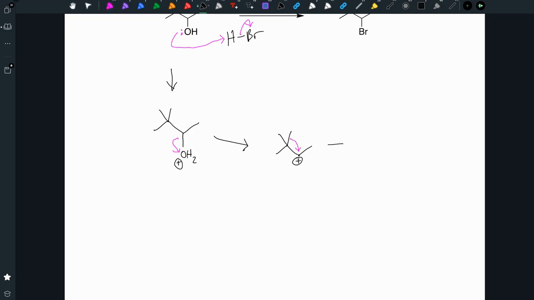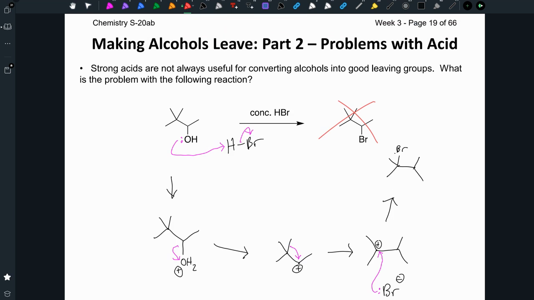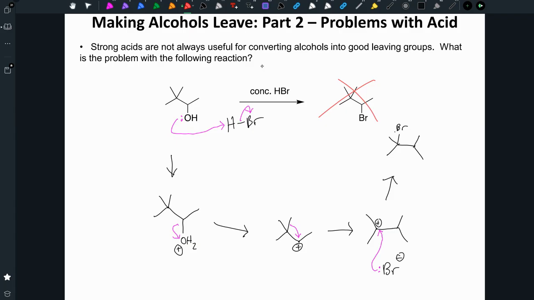That can do a carbocation rearrangement, an alkyl shift. So I might have expected the product that's shown up at the top there, but that's not what's actually going to happen. What's actually going to happen is I'm going to get this other product. All right, so one issue is alcohols often encourage these carbocation rearrangements.